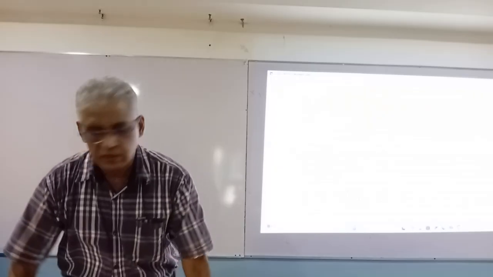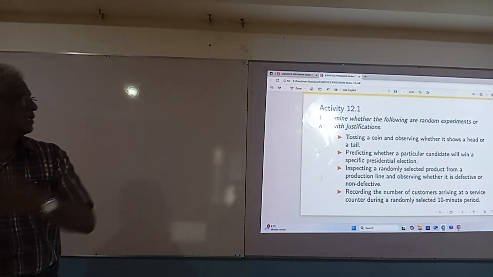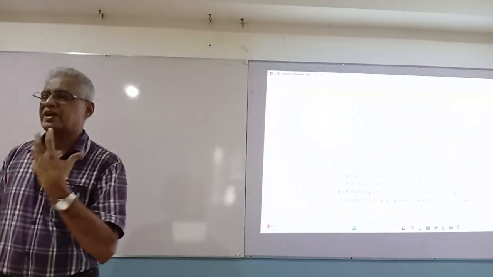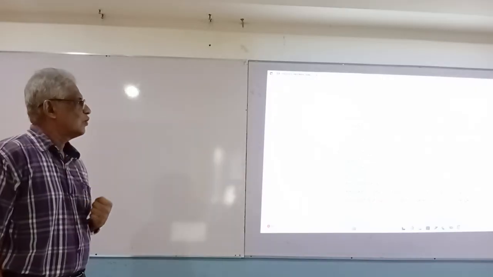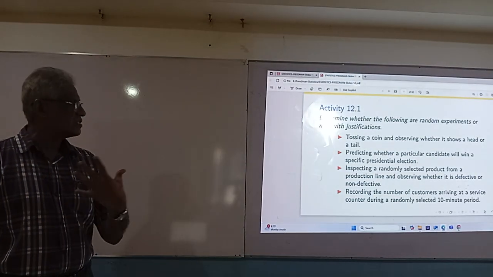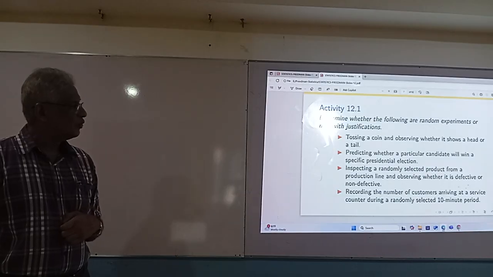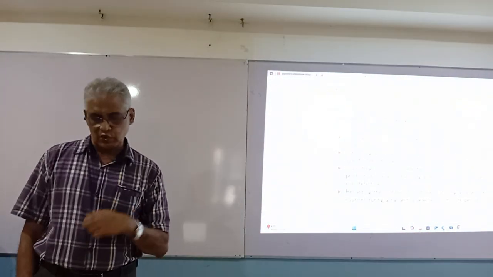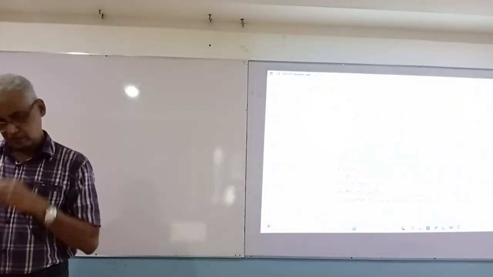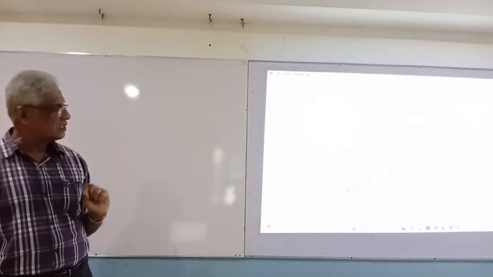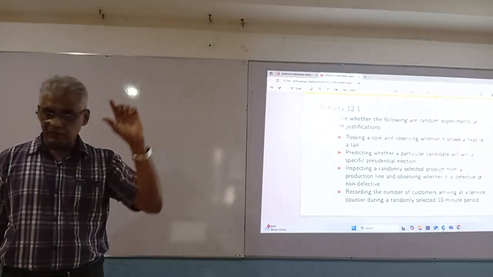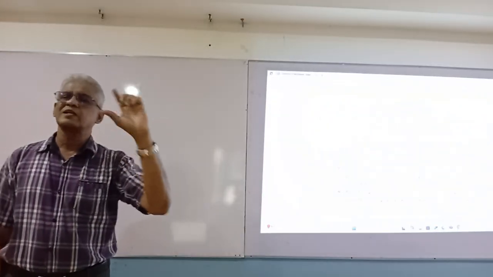So here I have looked at a few situations or actions or processes where maybe data is generated. We look at some examples and decide whether they are random experiments or not. Just take each scenario here and see whether those conditions are matched.